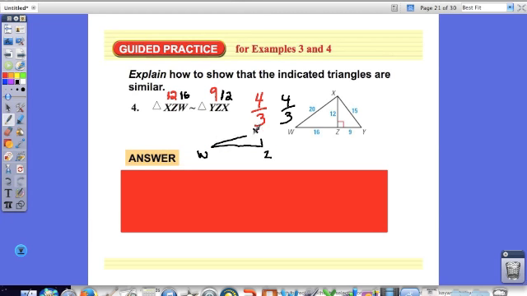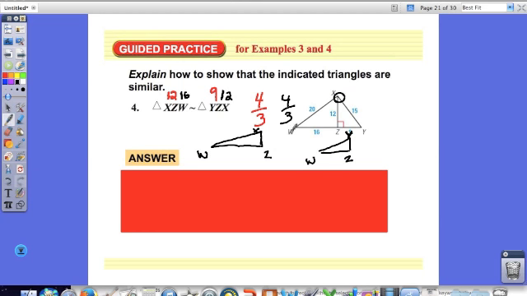They're not just taking this side and comparing it, they're actually taking this and rotating it so that you have Z, Y. Your Z is here, your Y is here, and your W is here. So they're actually taking this and turning it sideways, almost rotating this Z down to point W.